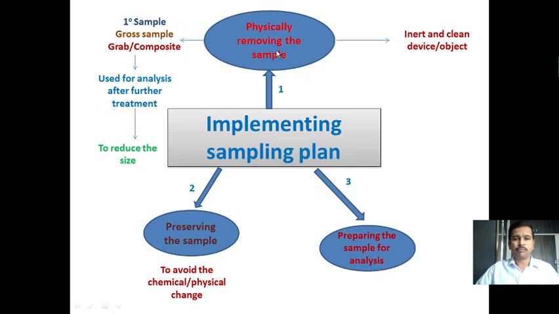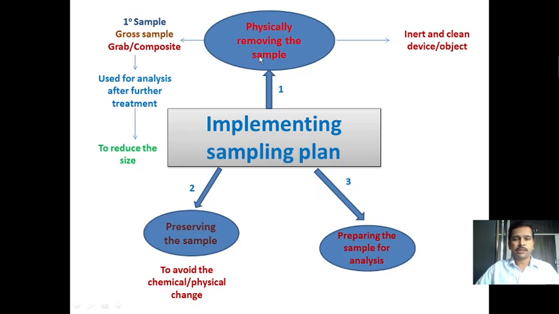In order to remove the sample physically from the target population, we will use a device or an object, and this object or device must be ensured to be inert and clean. Otherwise, if the device or object is not clean enough or not inert enough, the contaminants present in it are going to be introduced as sources into the sample, and therefore we will end up with erroneous results.